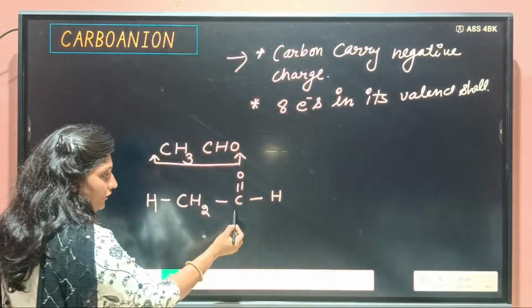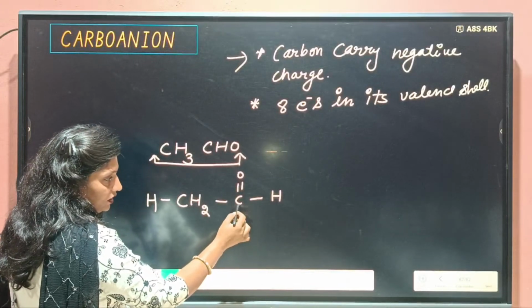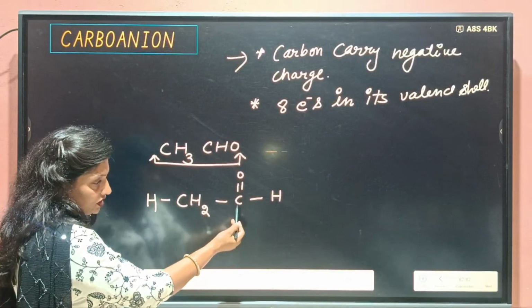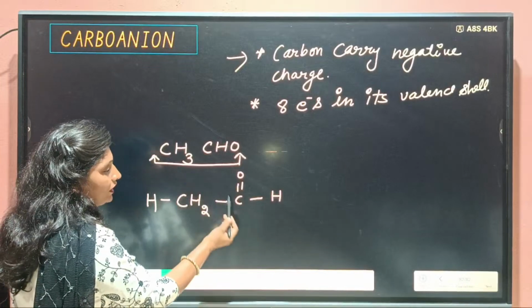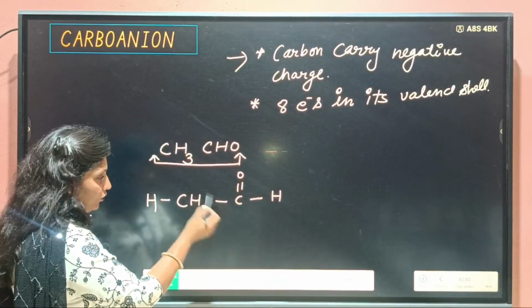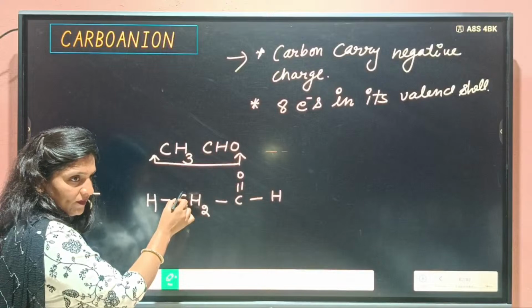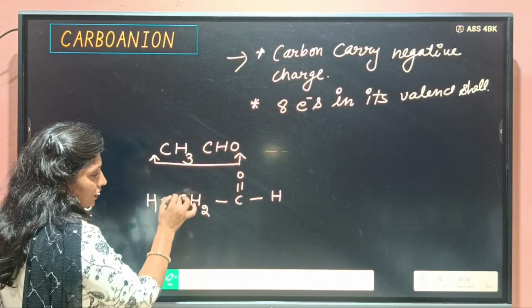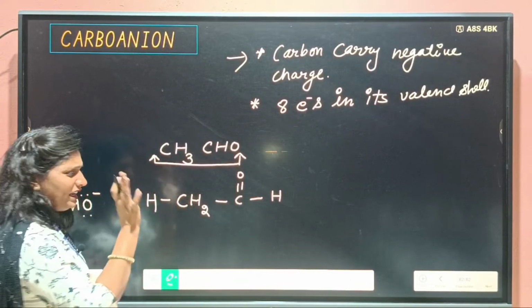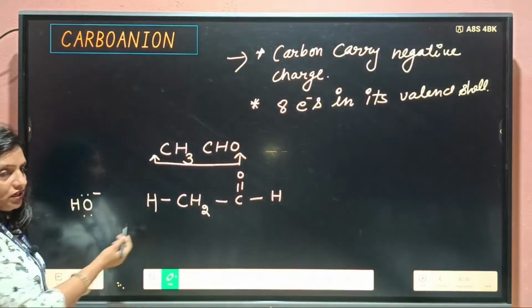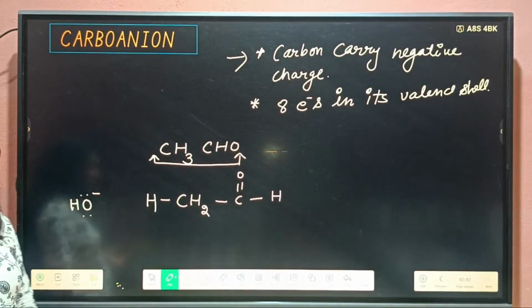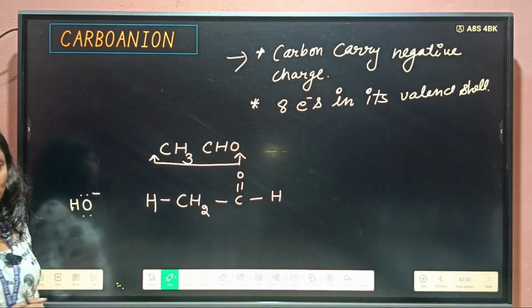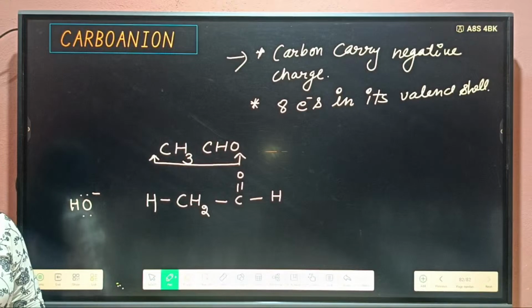If positive comes here, then electron deficiency takes place, then this carbon can support this one, then positive will come on this, and one hydrogen can support this carbon. Clear? So finally H positive can be released. And one more thing, water is a good leaving group.